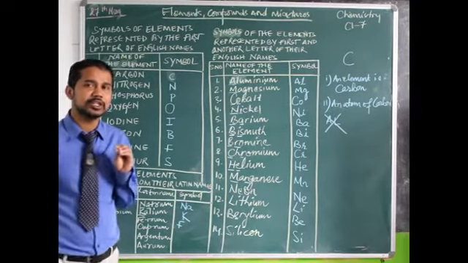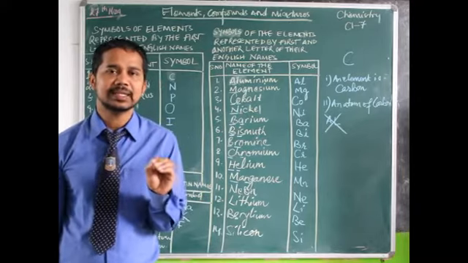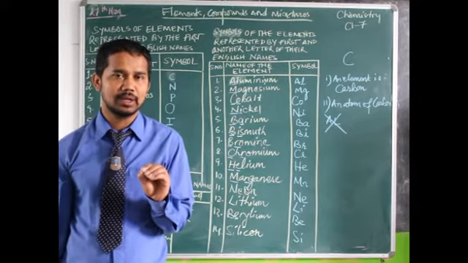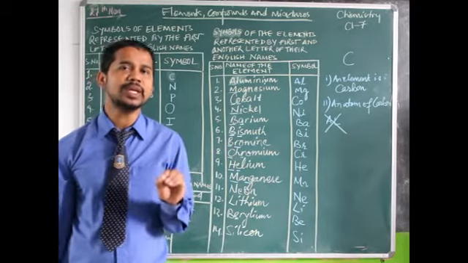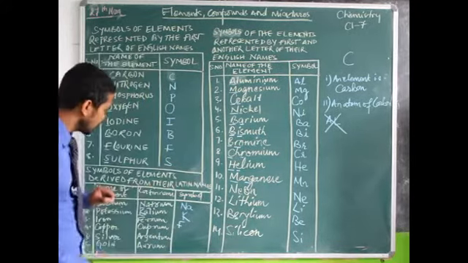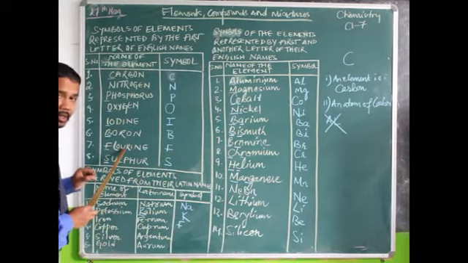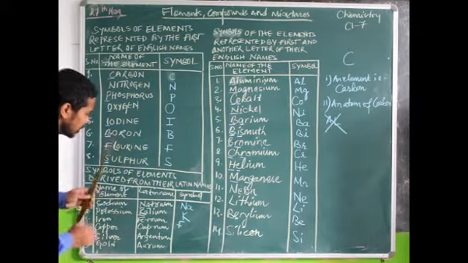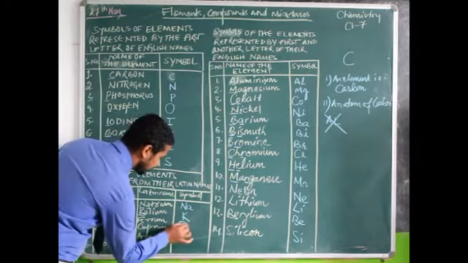What is the thing we need to understand? No two elements can have the same symbol. Each and every element has a unique symbol. So we cannot write F here because F means fluorine. So what is the second letter then? e. So we write Fe.